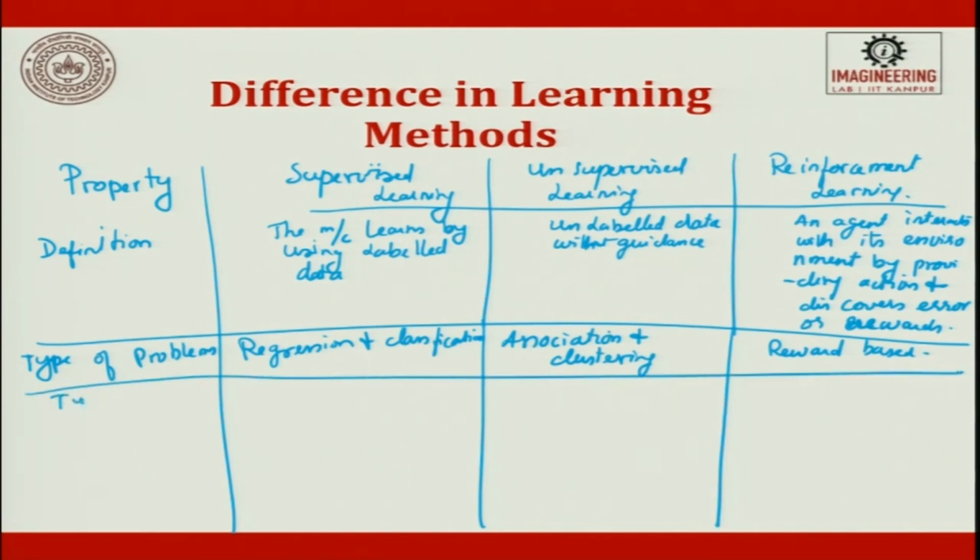Then type of data: labeled, unlabeled, and here it is no predefined data.